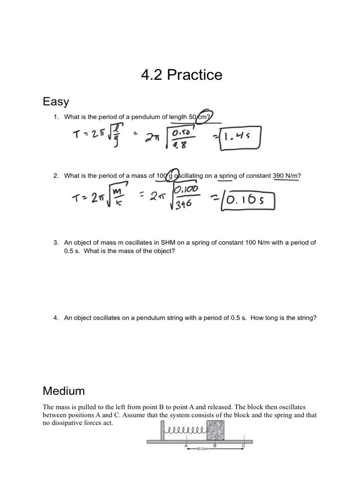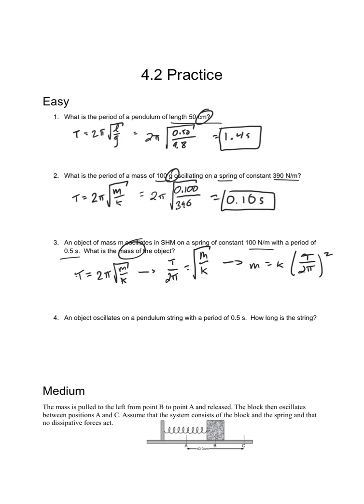In problem 3, we have an object oscillating on a spring with a spring constant of 100 newtons per meter and a period of 0.5 seconds, and we want to find the mass of the object. Using our spring equation, T equals 2 pi times the square root of M over K, I can isolate M. I'm going to divide both sides by 2 pi, which equals the square root of mass divided by K. Then I'm going to square both sides and multiply by K, giving me that my mass is equal to K times T over 2 pi, quantity squared.